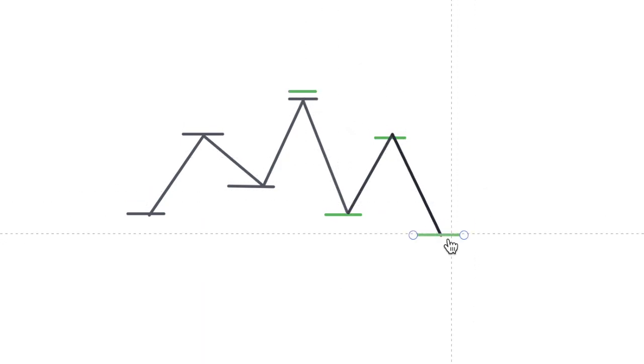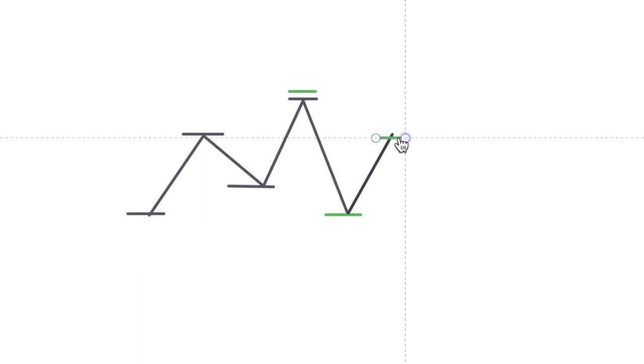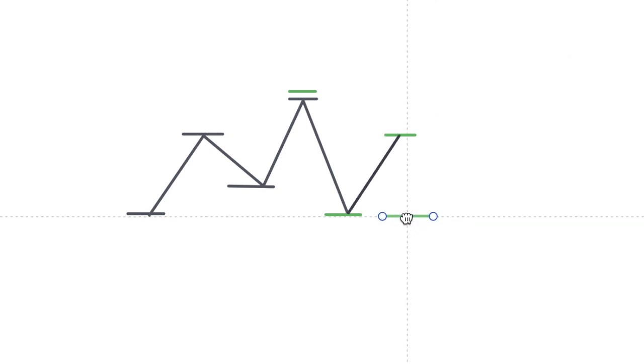Okay, so if we are here in real time, we are looking for price. This is where we would actually get that last break of structure. If price does not break this right here, then we don't have a low. So at this point, I'd still be looking for up structure.